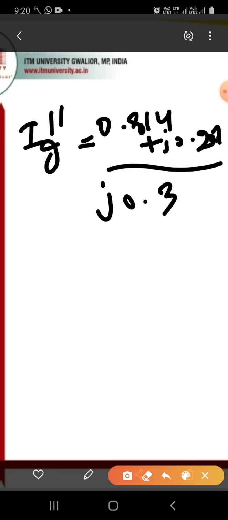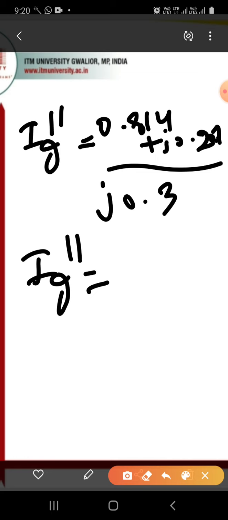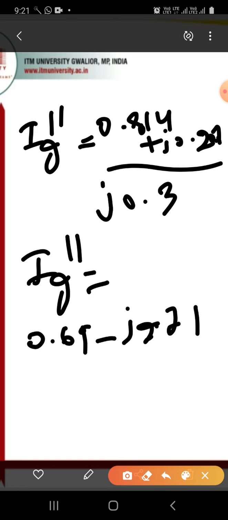Now after solving I can get Ig double dash as 0.69 minus j 2.71 per unit.